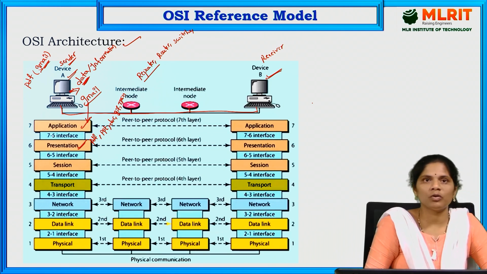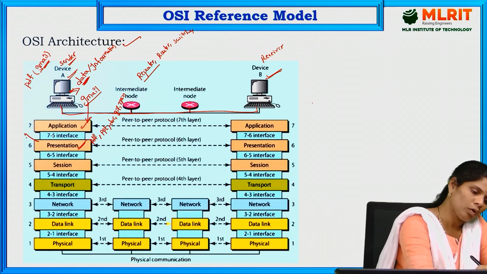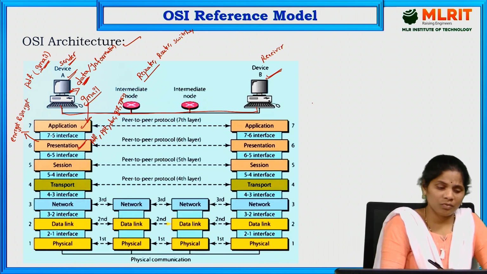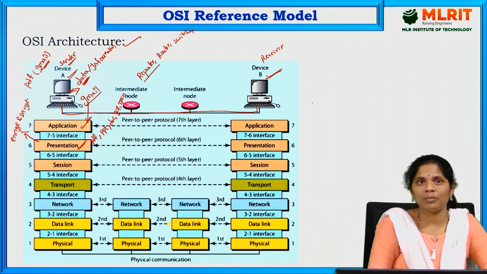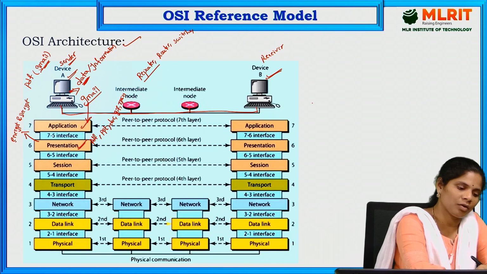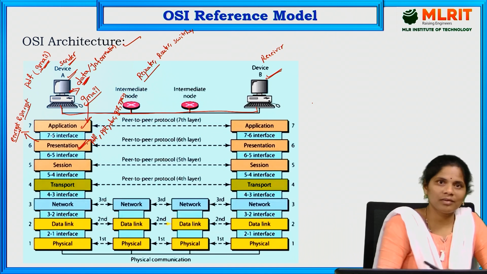At the same time, here only you have to go through encryption and decryption also. Encryption and decryption both come under the presentation layer only. Suppose the information is confidential, then encryption means it is understandable by the receiver only. Decryption means only the receiver can decrypt the data. That also comes under the presentation layer.